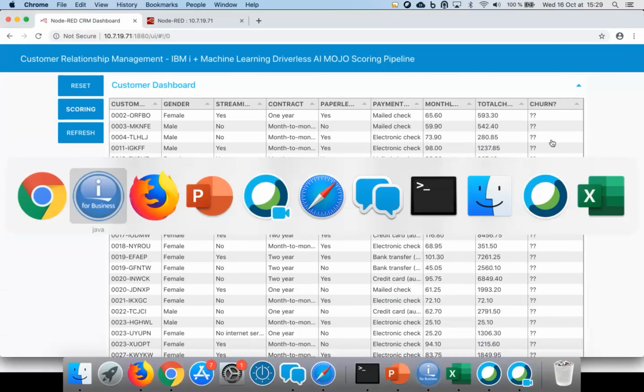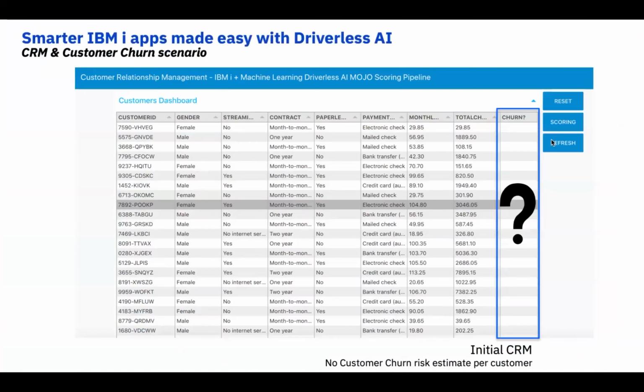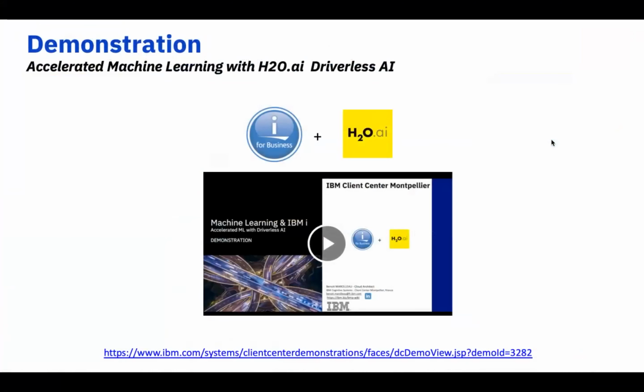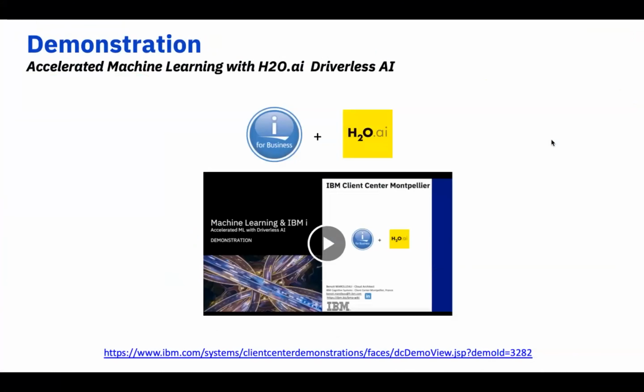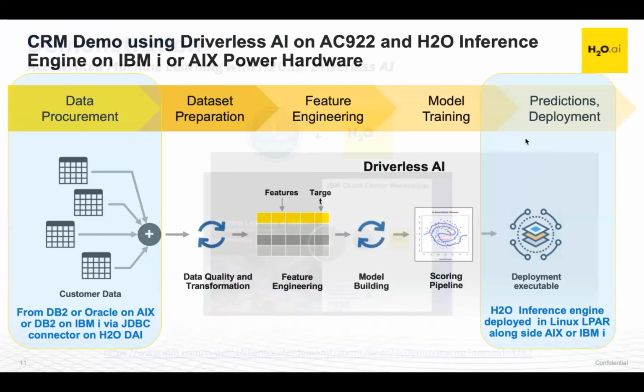So this is what I'm going to do: use this data from the data sources, use Driverless AI to build the model, and use it in production next to my IBM data and application for real-time scoring.